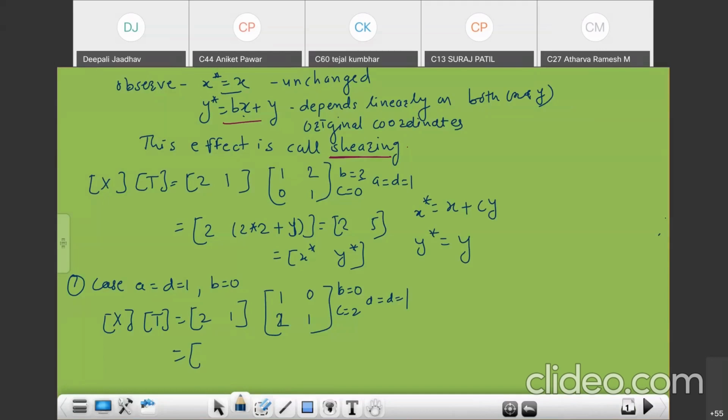So the result is Y star is equal to Y, meaning Y remains as it is, and X star is equal to 4. So that is known as the shearing effect, where the diagonal points are kept 1 and the off diagonal point has some value.